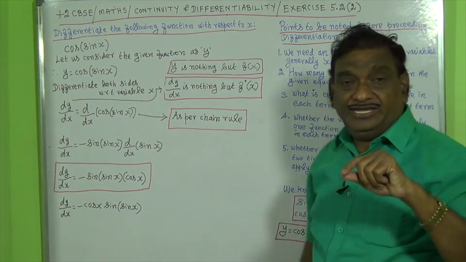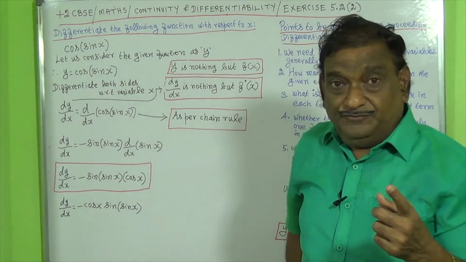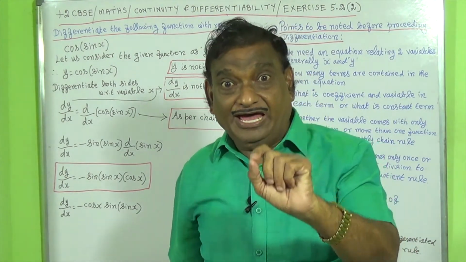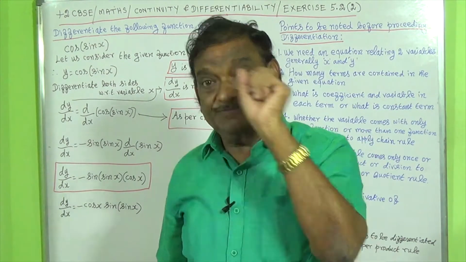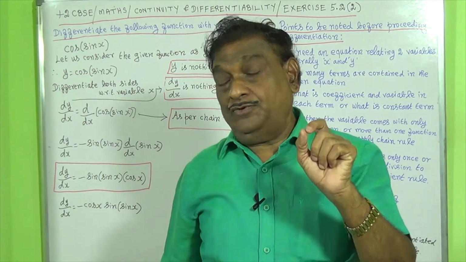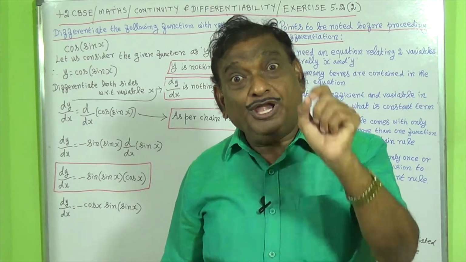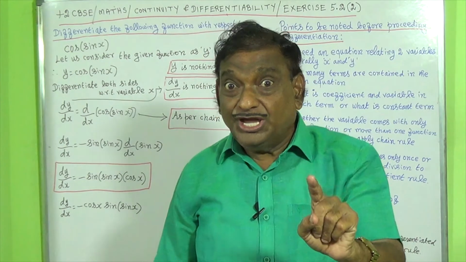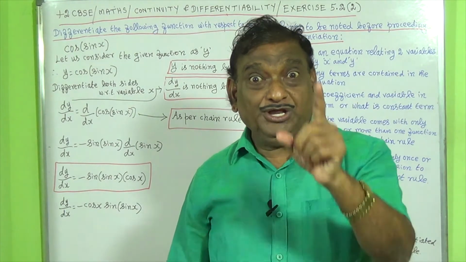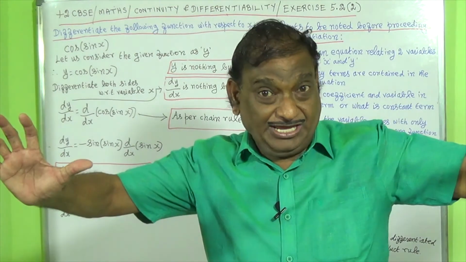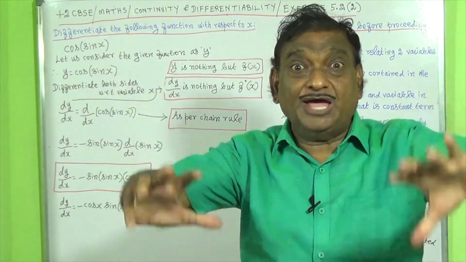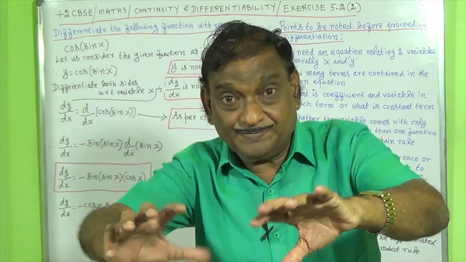What is the next point? We should see how many terms are there in the given function. Why should we see how many terms are there? Because each term should be differentiated separately. We cannot differentiate two or more terms combinedly.